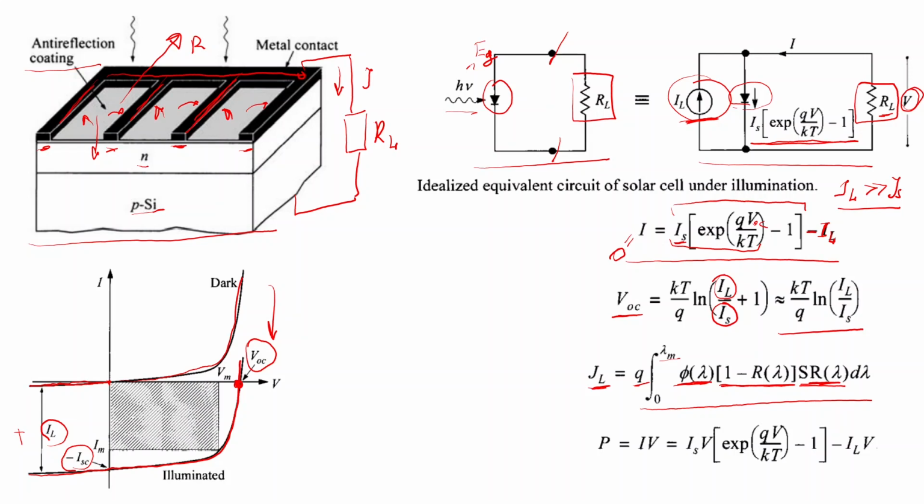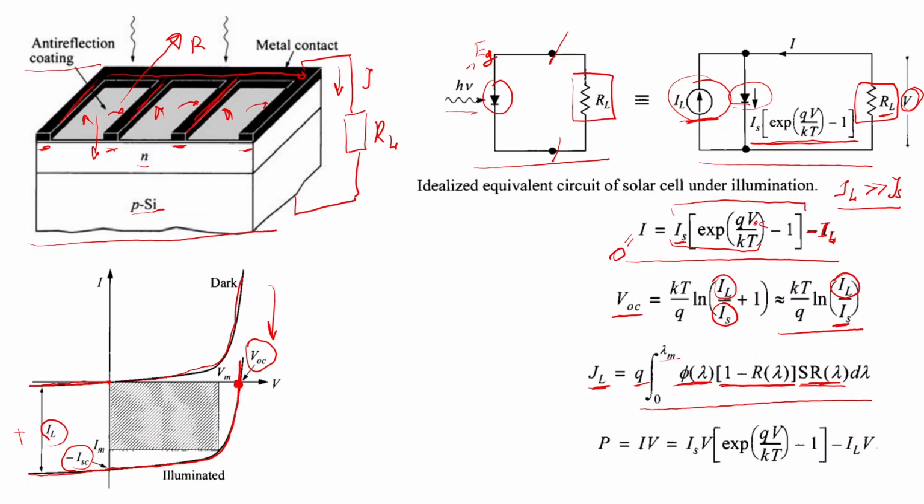So what do we see here? VOC will increase with light intensity, because photocurrent increases linearly with light intensity, and obviously from this equation it will increase. Also, it has in the denominator of the argument in the natural logarithm this saturation current.